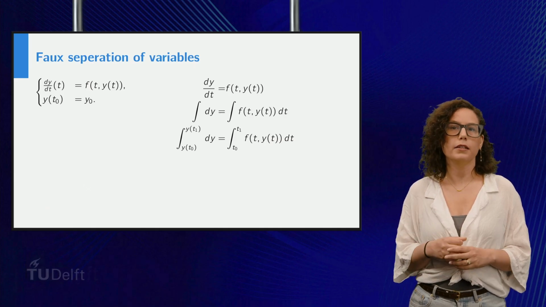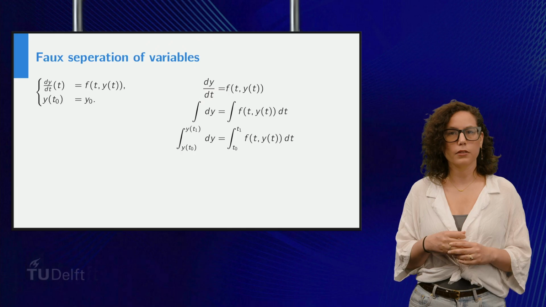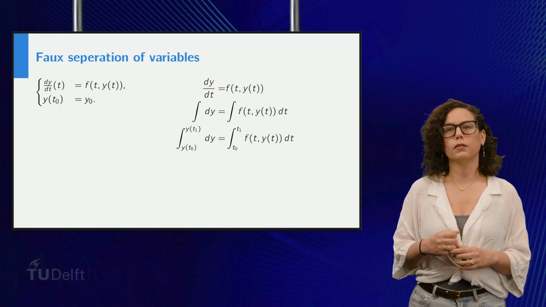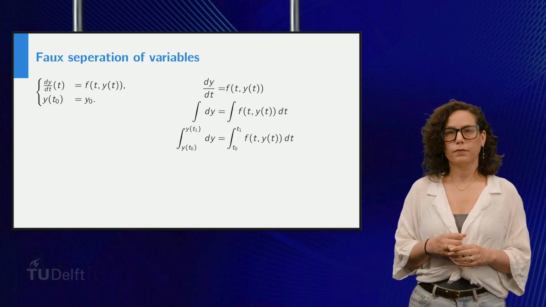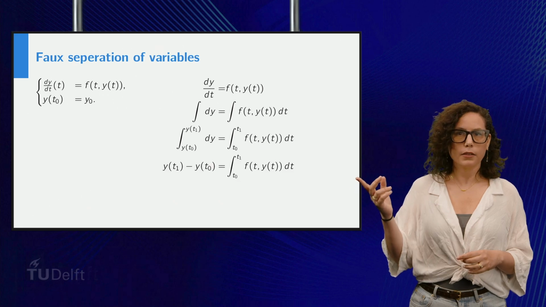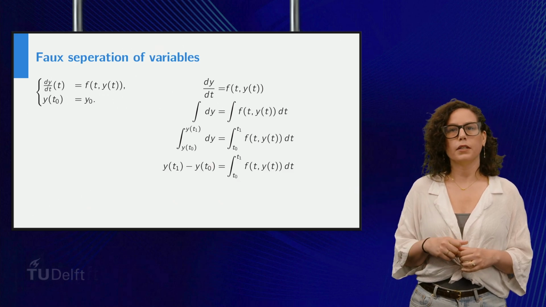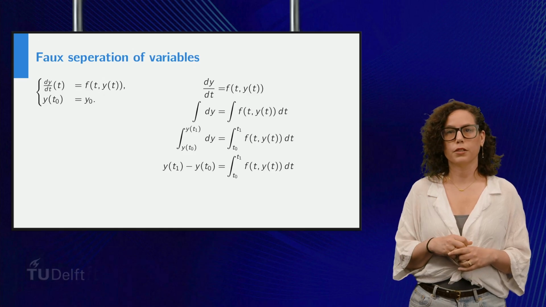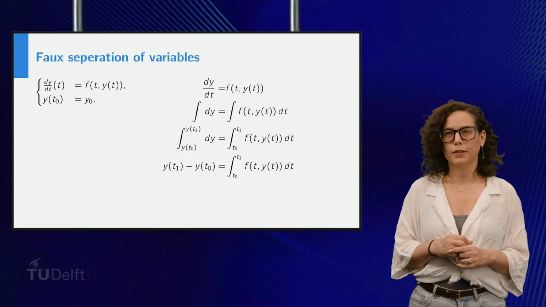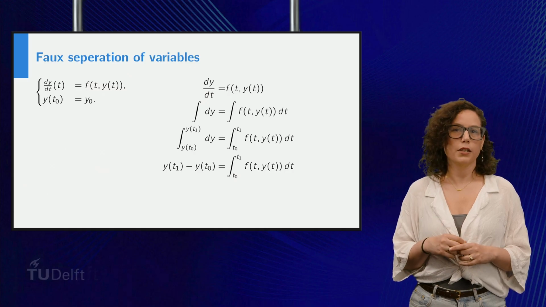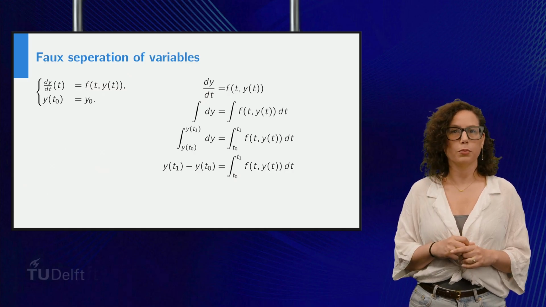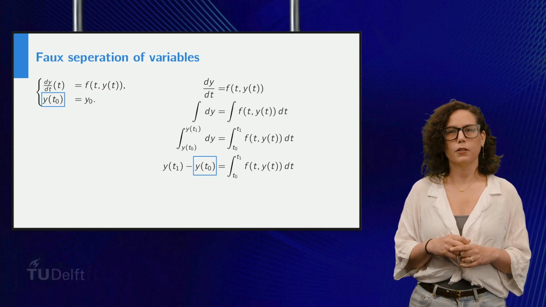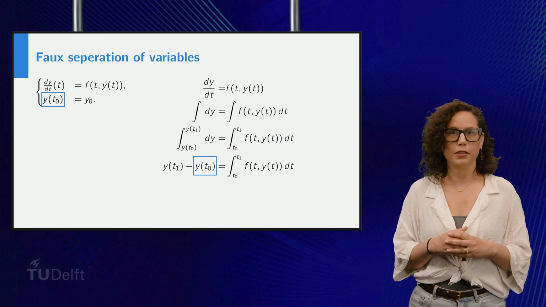And even though y is still unknown, the integral on the left-hand side can be calculated directly. This last equality can also be obtained by applying the fundamental theorem of calculus to the differential equation. How nice! The left-hand side of the equation now has one term that we want to approximate and another term that looks very familiar. Of course, it is the initial condition.